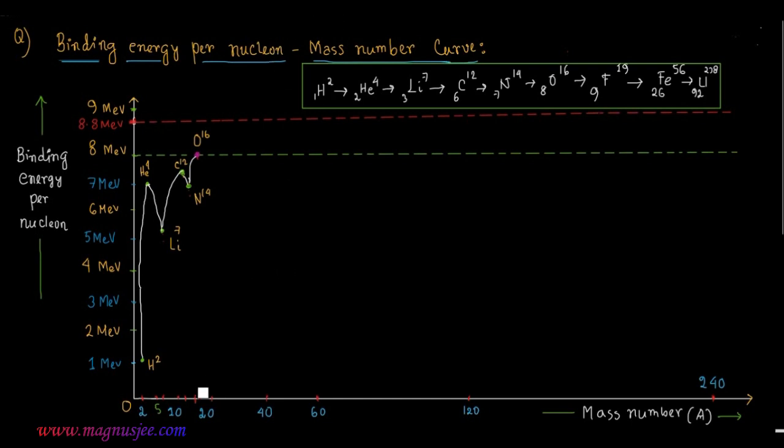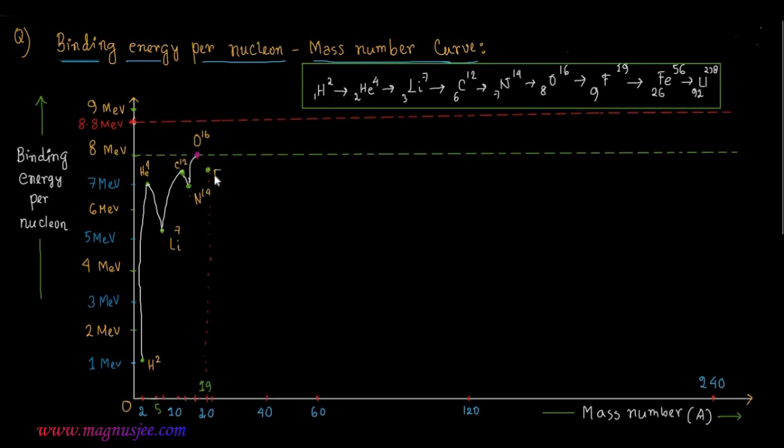So we have drawn the graph between N14 and O16 nucleus. Binding energy of oxygen nucleus is 8 mega electron volt. That's why the point indicating the oxygen nucleus has the binding energy 8 mega electron volt.